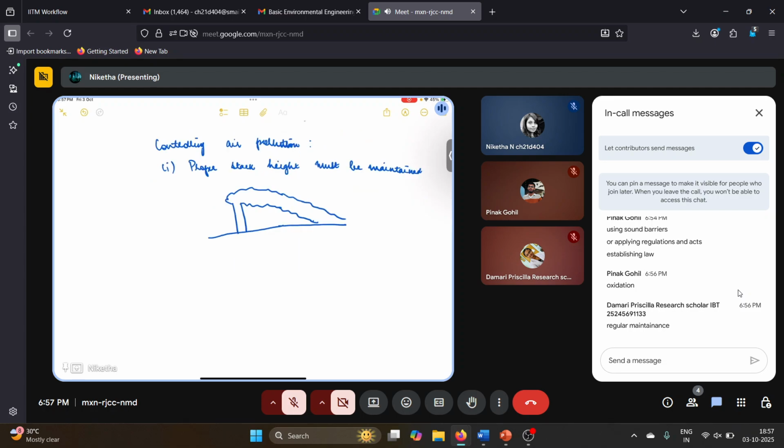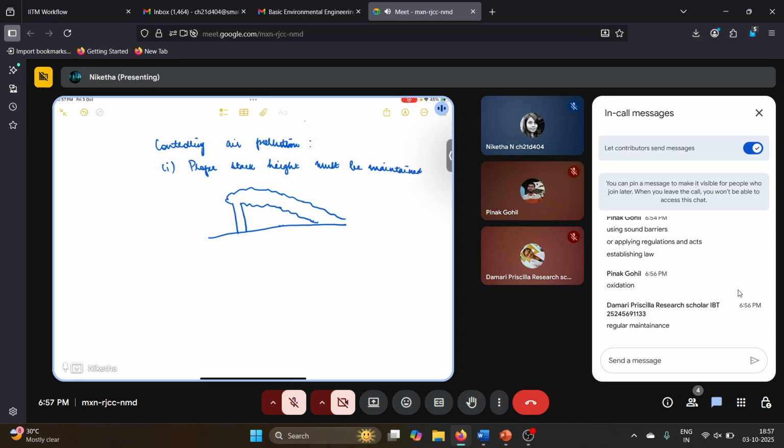But if the stack height is higher up, then there are high chances that even if there is inversion, the pollutant will not get dispersed in a short distance. So it will take some time for the pollutant to reach the ground surface, and even upon reaching the ground surface, the pollutant concentration will be dispersed.